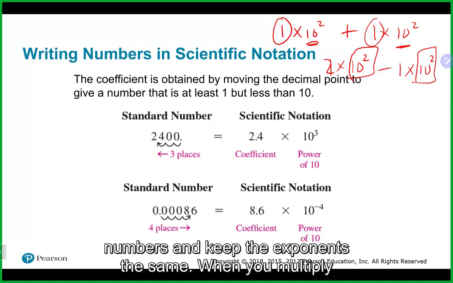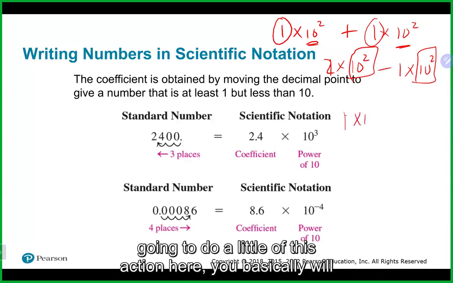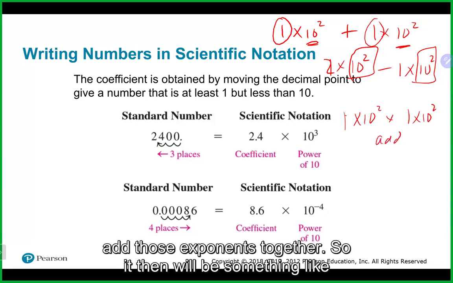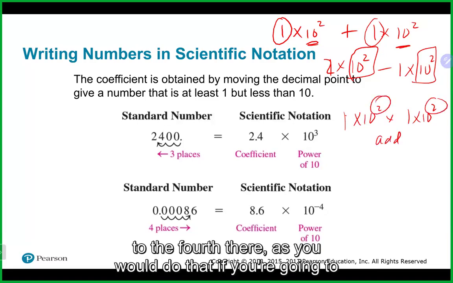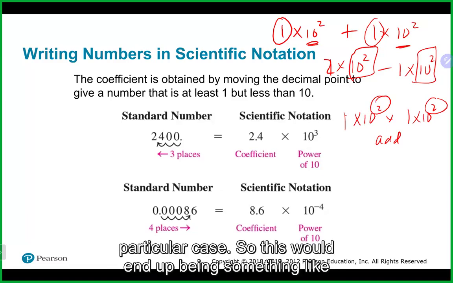When you multiply exponents, you basically add them together. So if you're going to do a little of this action here, you basically will add those exponents together. So it then will be something like to the 4th there as you would do that. If you're going to divide, you basically would subtract the exponents in this particular case.